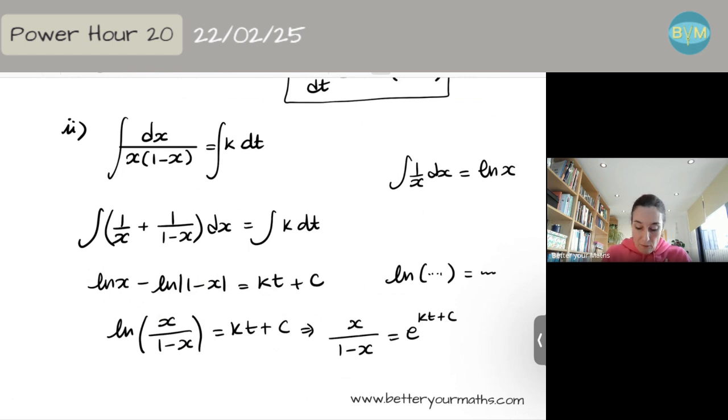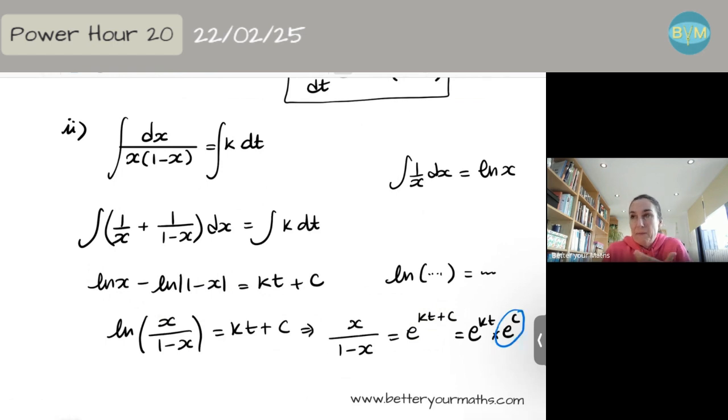The best way of working with an expression like this one, to find the constant and all that, is to think that this is e to the power of kt times e to the power of c. When we multiply the powers, we add the indices. And what you're going to do is call this, again, a constant.